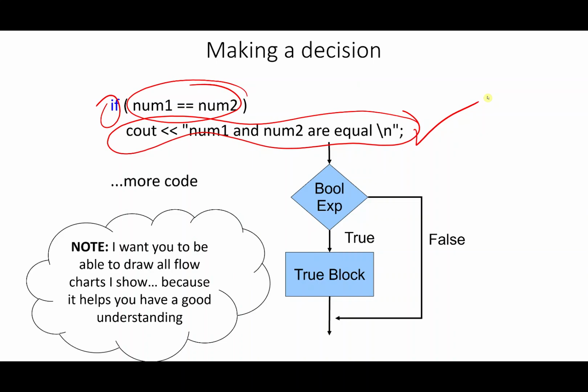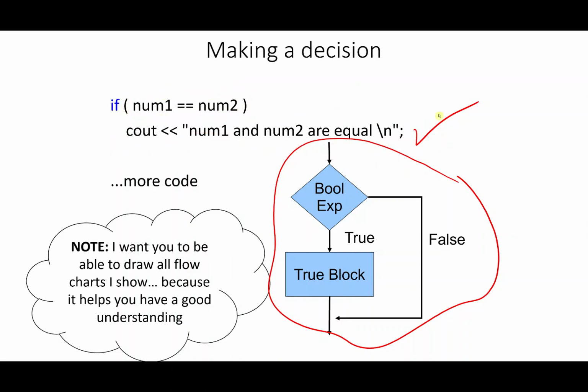Now, I want you to always memorize the flow charts and understand them, because they are critical to your understanding, and they stick in your mind. So this is happening as, here is the if, here's the Boolean expression.